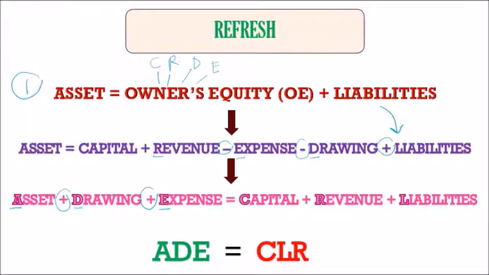Since expense is also negative on the right side, you just bring it to the left side, equals to capital, which is already positive here, plus revenue, also already positive on the right side, and plus liability. Just bring it down. So you will get a simplified equation being ADE equals to CLR.